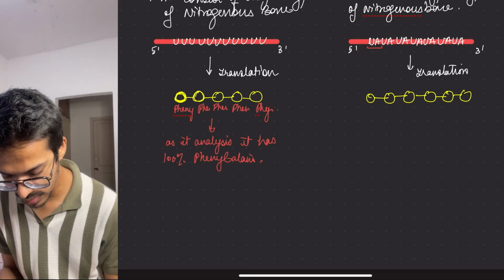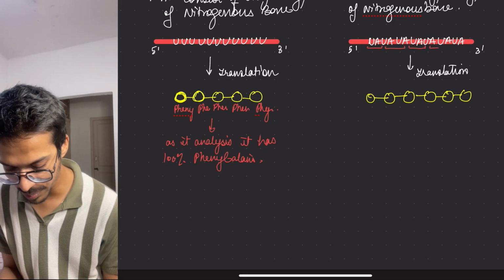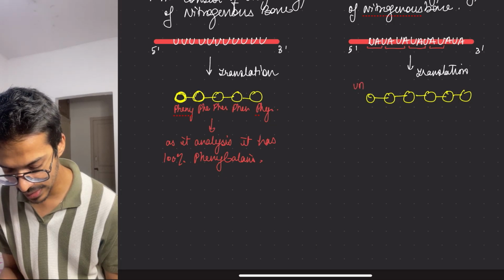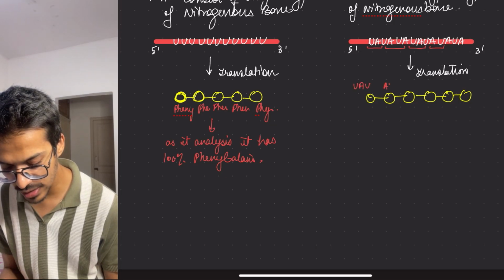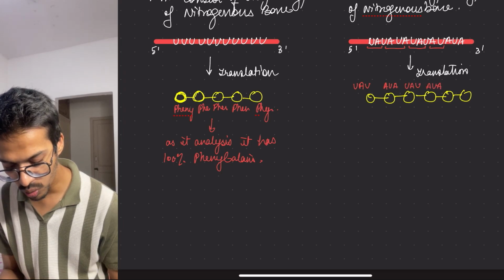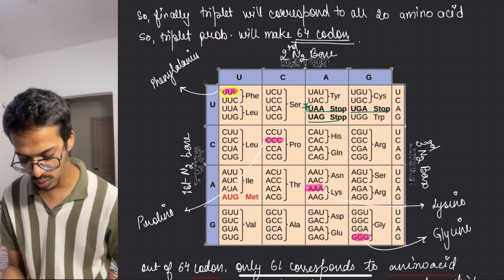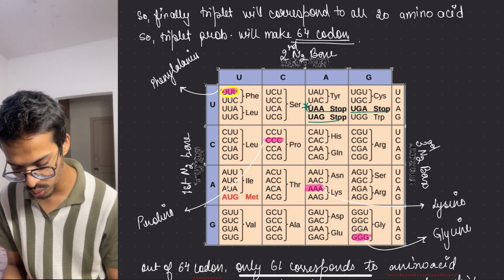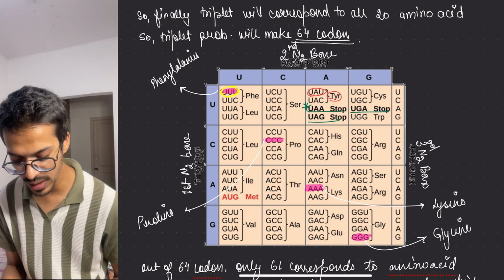But if he put one after the other, so what happened? This becomes one, this becomes another. So what is repeating? UAU or AUA. Now UAU corresponds to tyrosine.